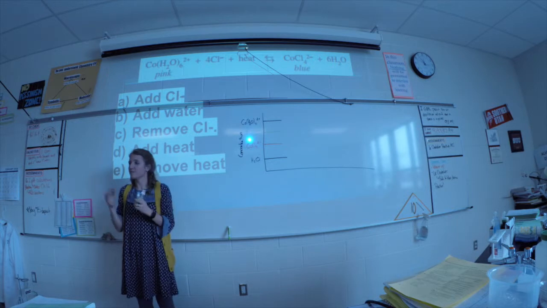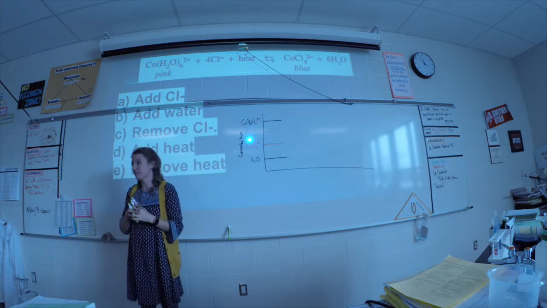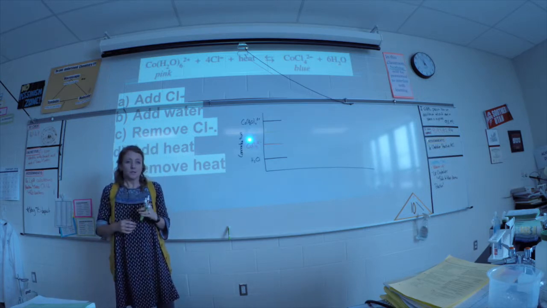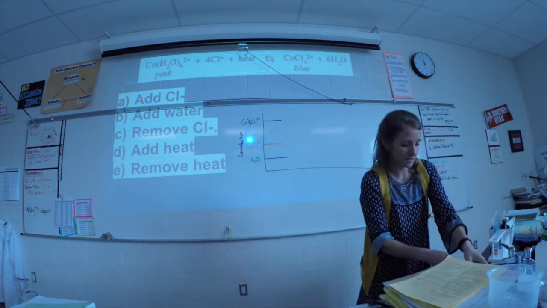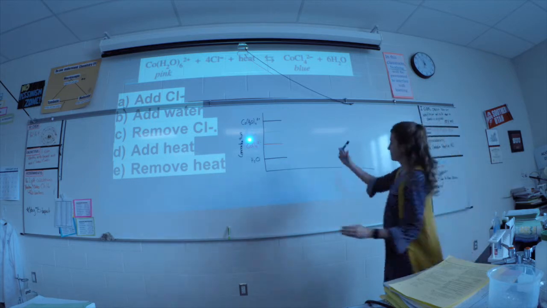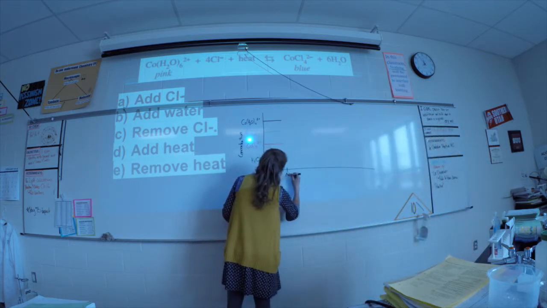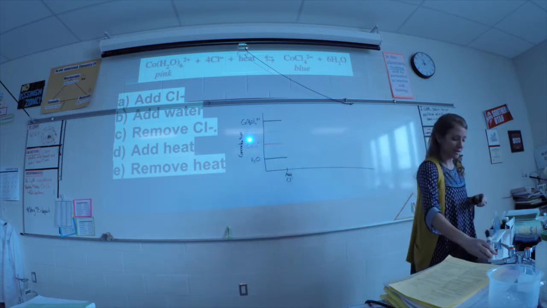Okay? So if you don't have different colors, just make sure you label your different lines like I did. So the first stress that we're going to do, right here at this point in time, is we're going to add some Cl minus to our reaction.